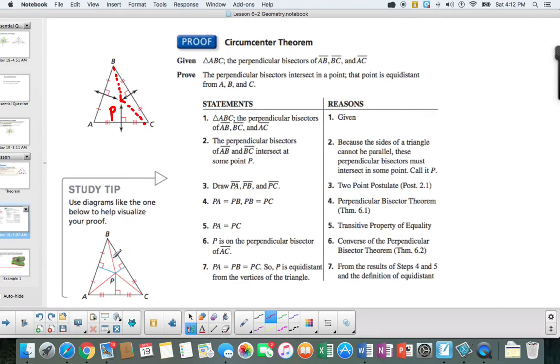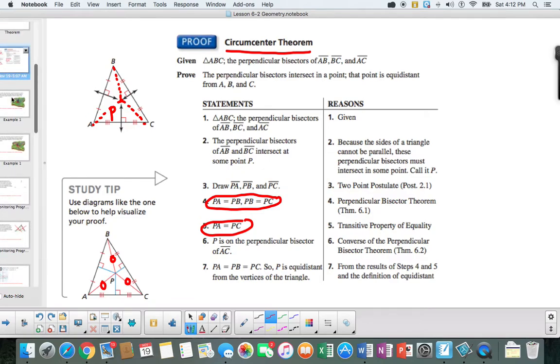So we know this distance right here will be equal to this distance right here. Since this is also on the perpendicular bisector, this distance and this distance are the same. So we know this distance and this distance are the same. And that's true for these two as well. So we end up getting all the distances the same to these vertices. And that's what the circumcenter theorem is stating.